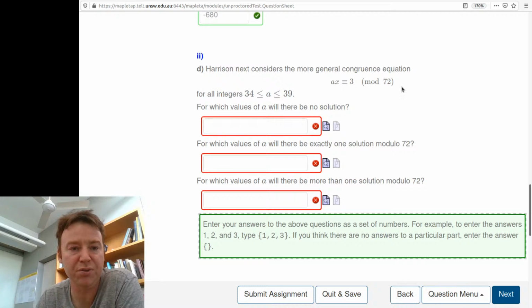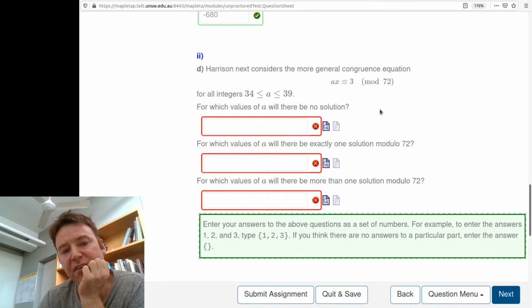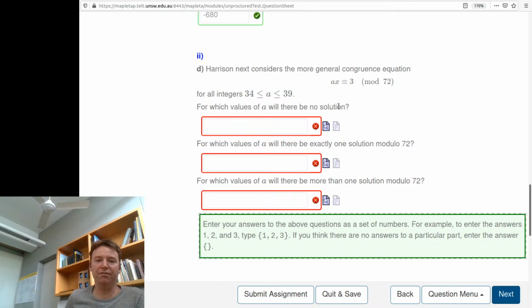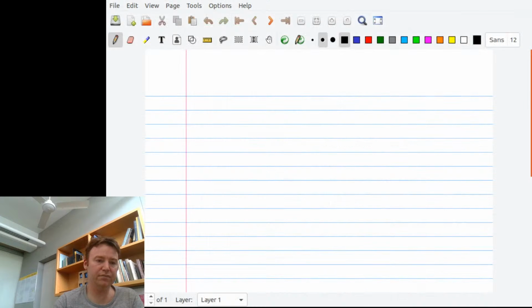AX equals 3 mod 72 for integers in that range. Okay. For which values of A will there be no solution? Okay. So now I need to think about 34, 35, 36, 37, 38, 39. Ugh. Okay. Get my piece of paper back. Okay.